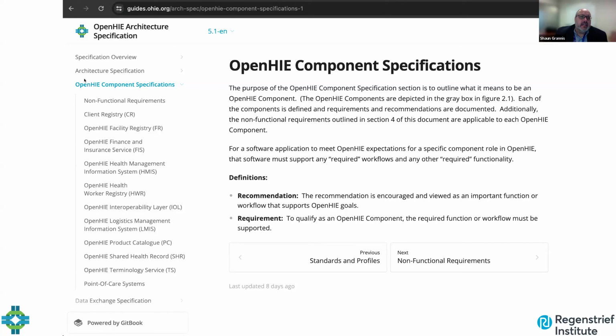So here again, just orienting you on the guides.ohie.org website, under the component specifications, you can see that there's a client registry. And we'll get to that in just a second.